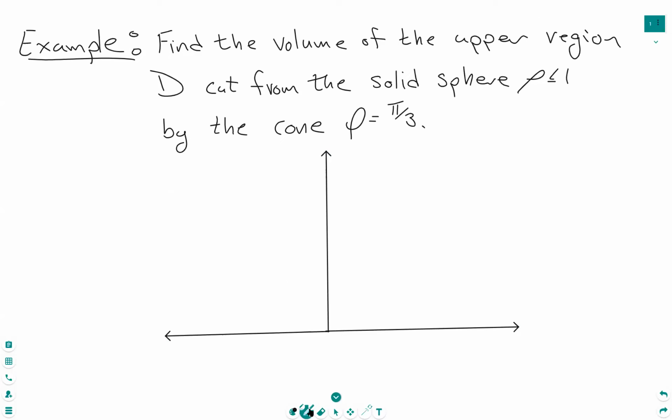So I'm going to first draw out, we have a sphere of radius 1, and what I'm going to plot this on is the z and xy plane. So I have a sphere of radius 1, maybe something like that. And then I cut it with the cone phi is equal to pi over 3.